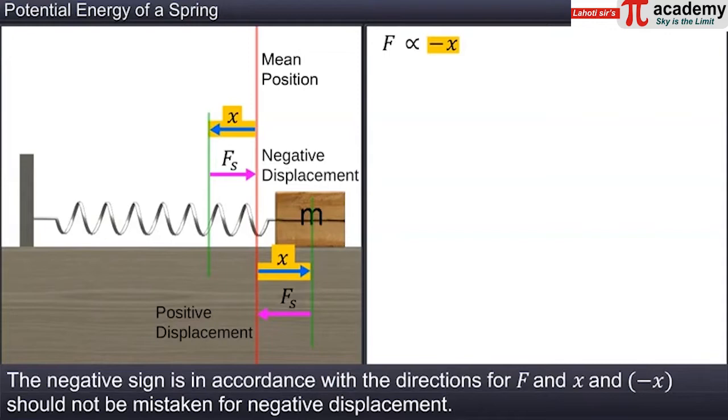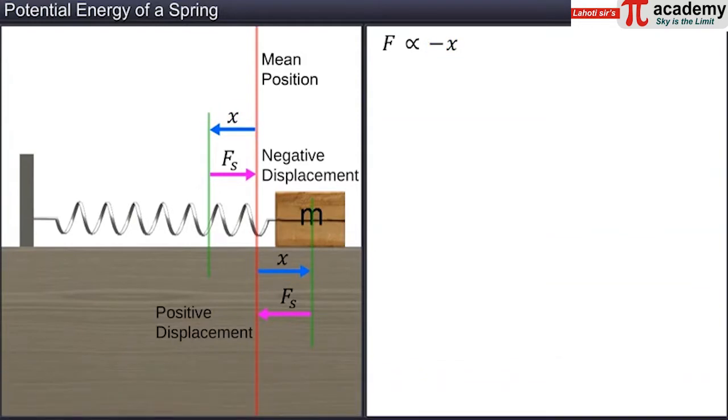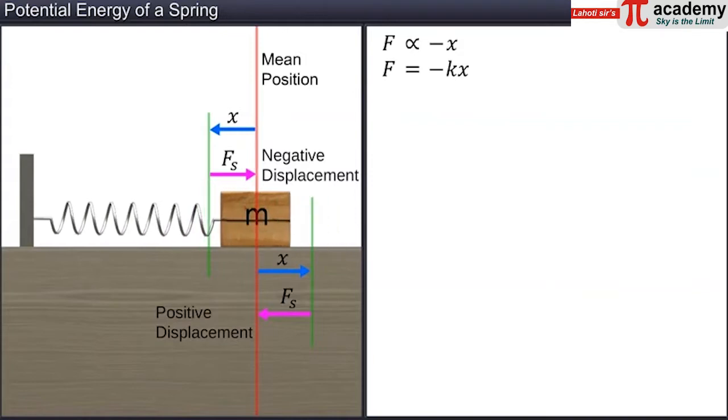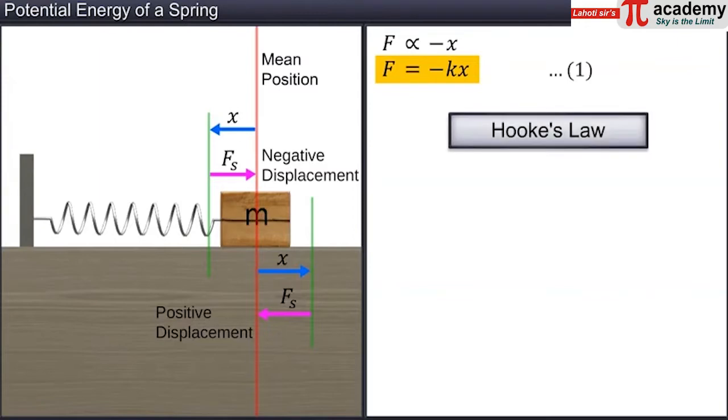We say minus x as the spring force is always directed opposite to the direction of displacement. Or, spring force F is equal to minus kx, where k is the spring constant. Let this be equation 1. In equation 1, F is equal to minus kx, which represents the force law for the spring known as Hooke's law.